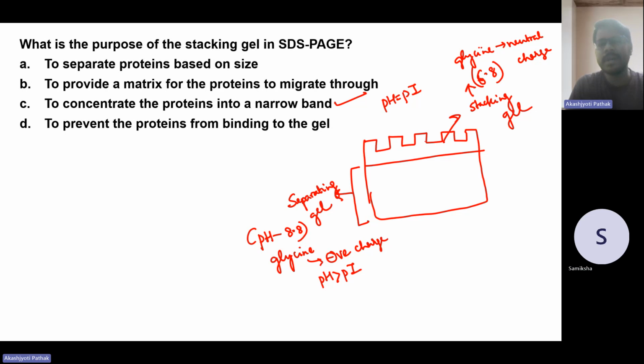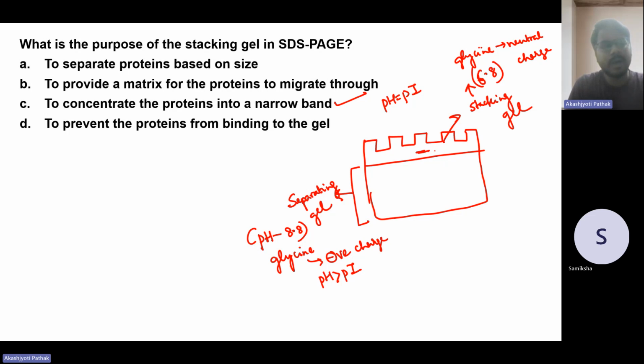So what happens when you run the gel? In the stacking gel, your protein gets sandwiched between the glycine and the chloride ions. Because this glycine has a neutral charge, it migrates slower compared to your protein, which has a negative charge.